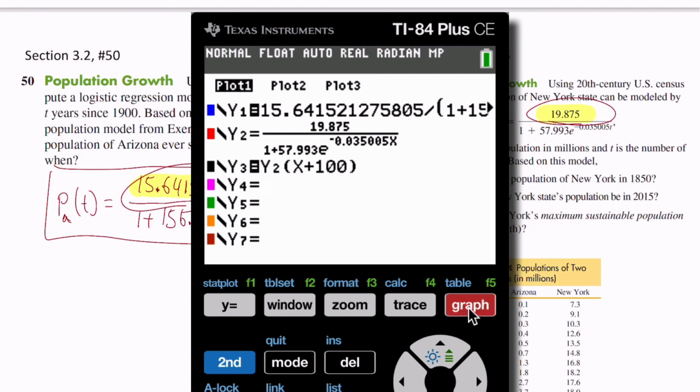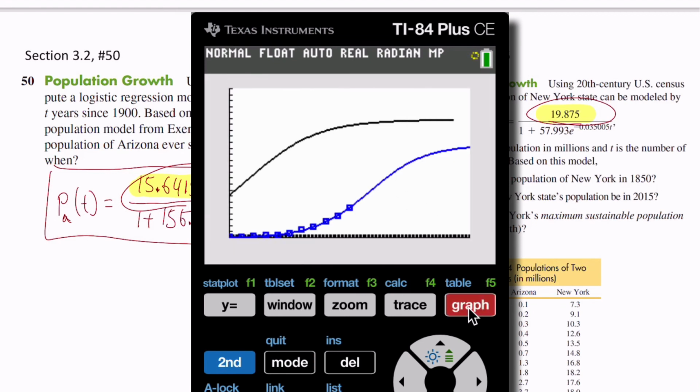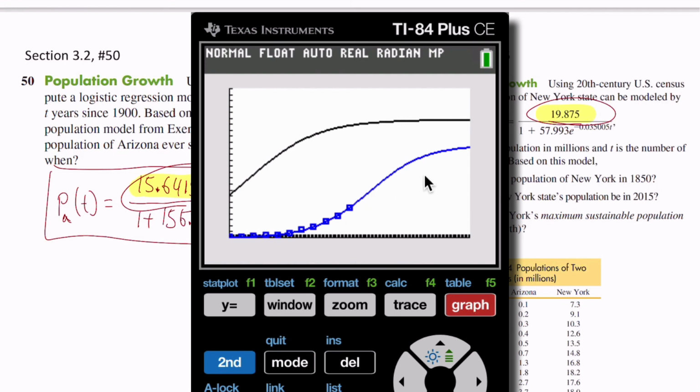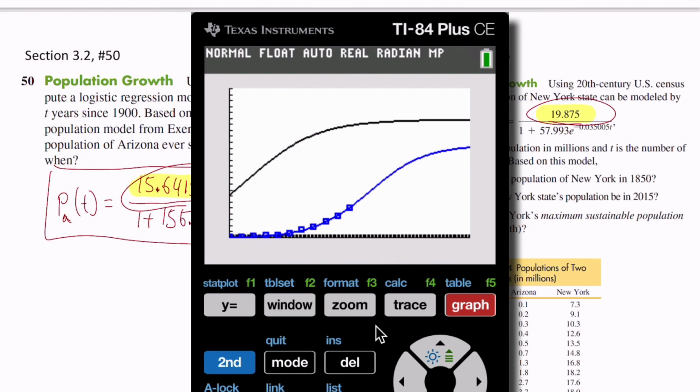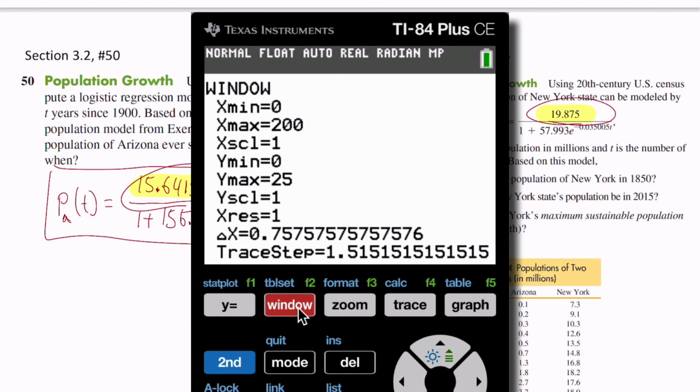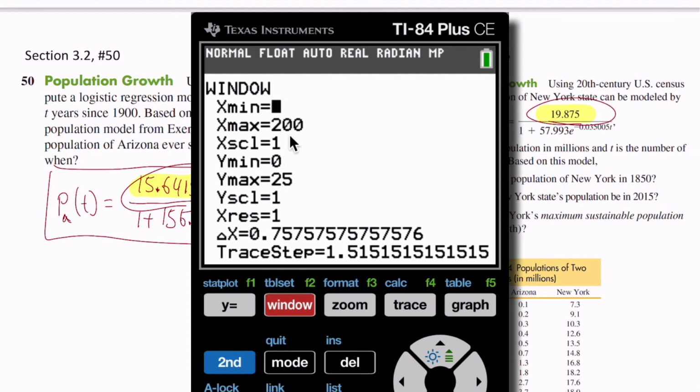So now when I go to graph that, I can see New York's population on the left, and then Arizona's population on the right. And you can see we haven't even quite hit our carrying capacity yet for either of them. Right now I'm only starting at 0, 1900, and going out 200 years from there.